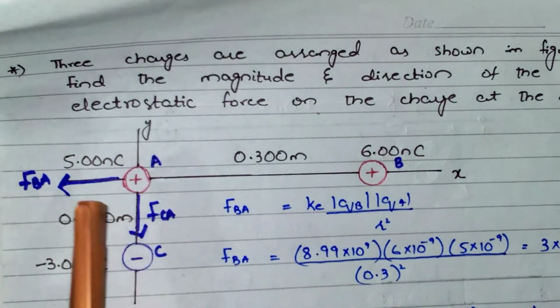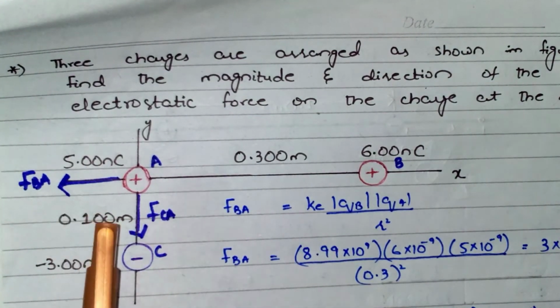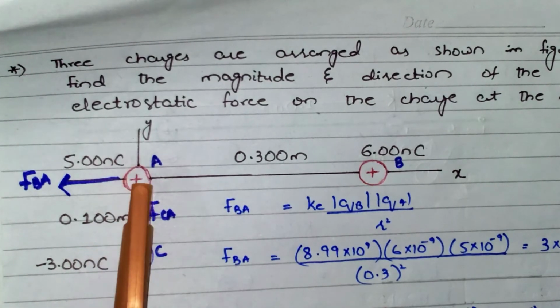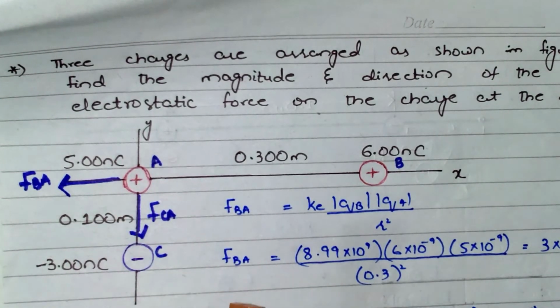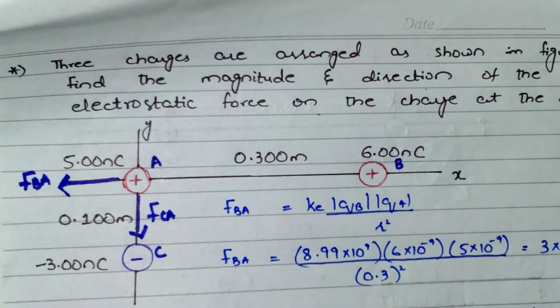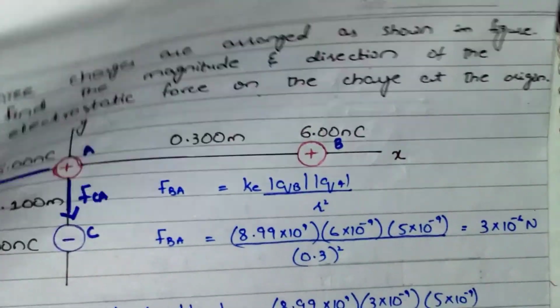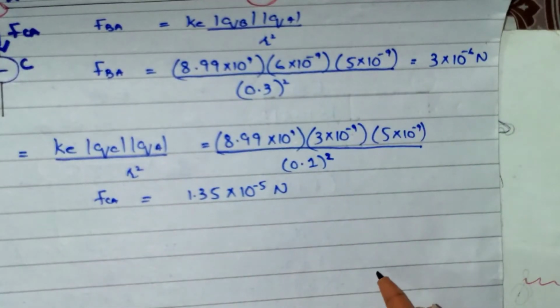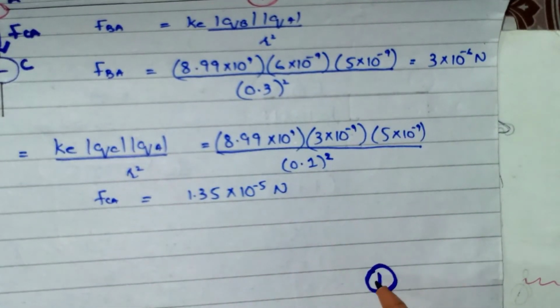We need to find out the resultant of these two forces to know the electrostatic force acting at the origin. So let's make a separate diagram of this for our convenience, in head to tail fashion. The diagram will be like this. This is my charge.